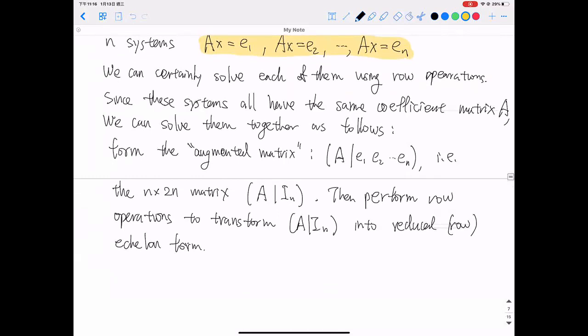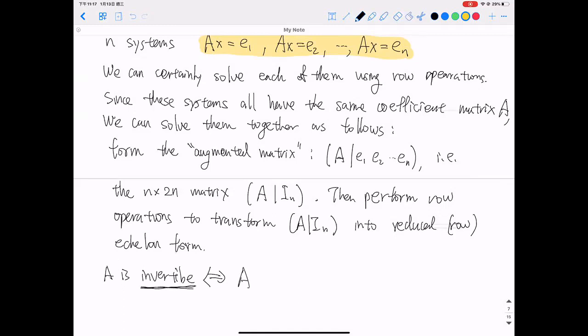Now, there's something to think about here. As we've seen already, A being invertible is the same thing as saying that A is non-singular. Again, being invertible is what we are trying to detect here.